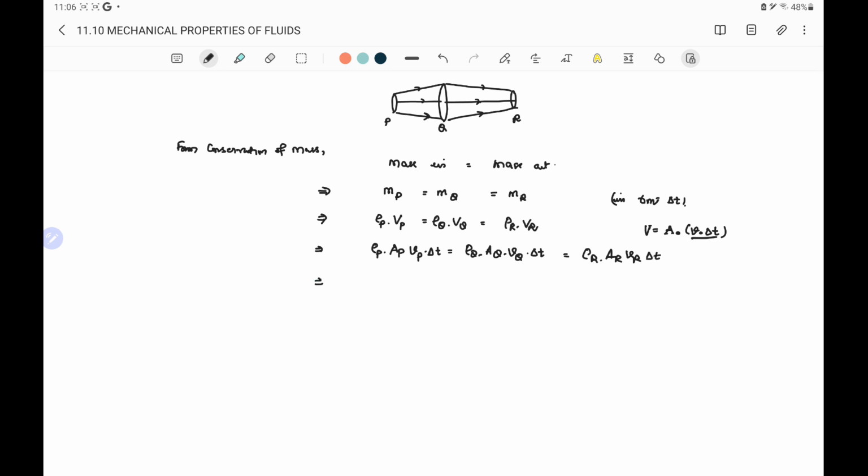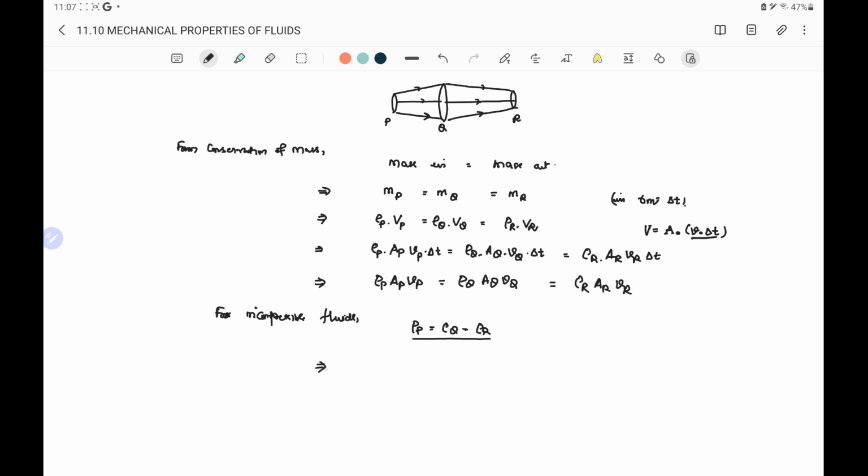And because delta T is common in all these three terms, we will have rho P AP into VP equal to rho Q AQ into VQ, and it is equal to rho R into AR into VR. For incompressible fluids, we can say that rho P will be equal to rho Q will be equal to rho R. That means density of the fluid remains the same for incompressible fluids.